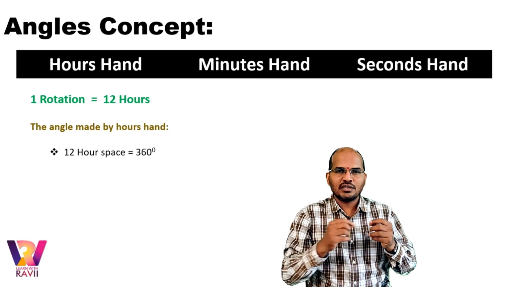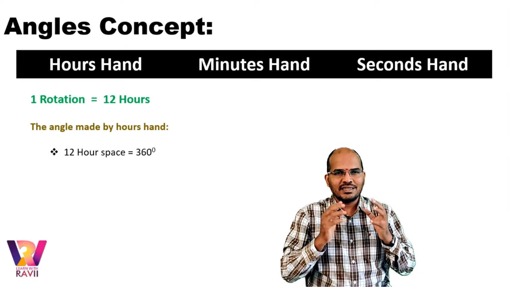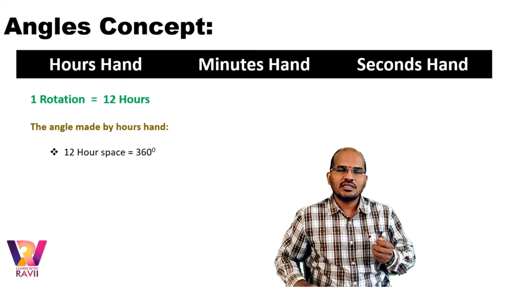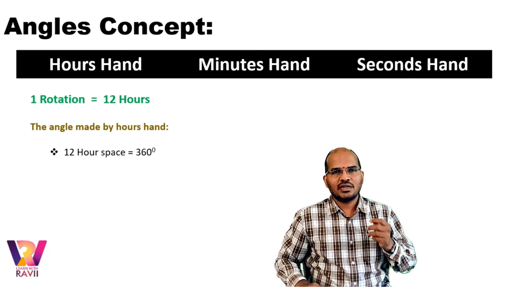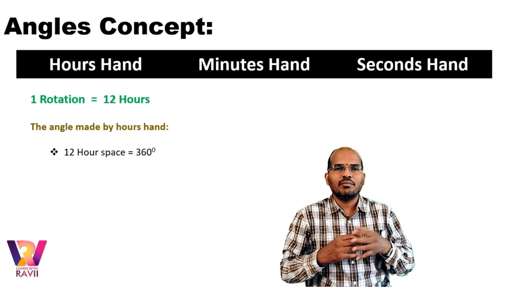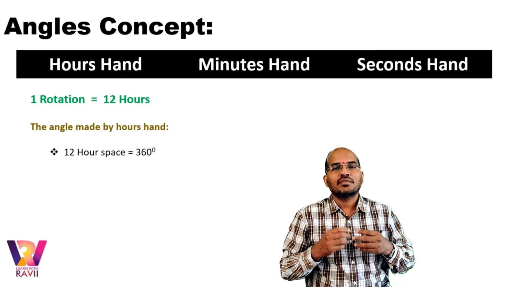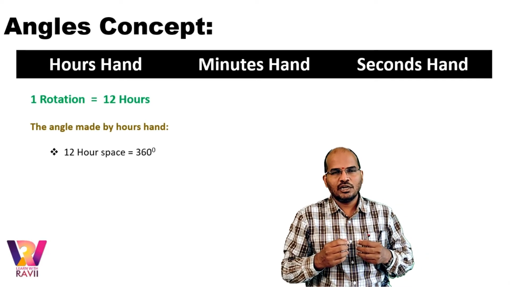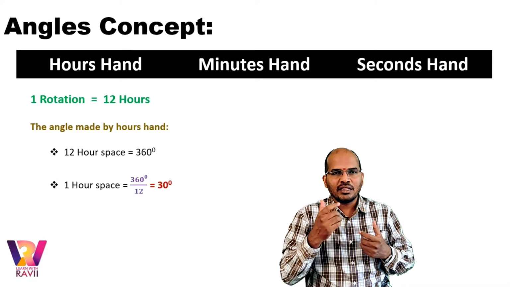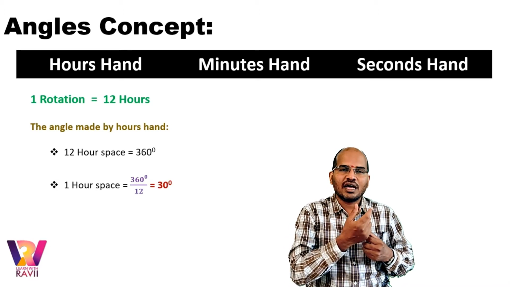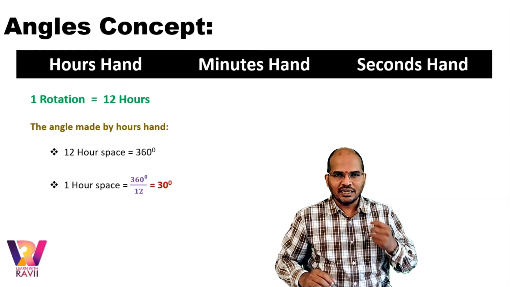In 12 hour spaces, the total angle is 360 degrees. Now common sense says, if 12 hour spaces is 360 degrees, the angle made by the hour hand in 1 hour space is 30 degrees. Isn't it? So the angle made by the hour hand in 1 hour space is 30 degrees.